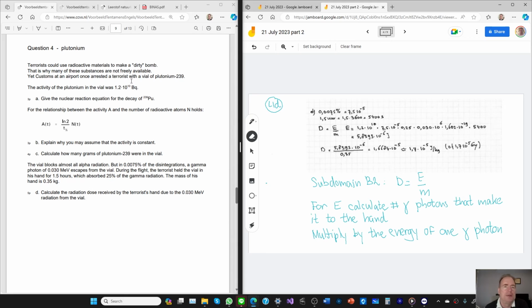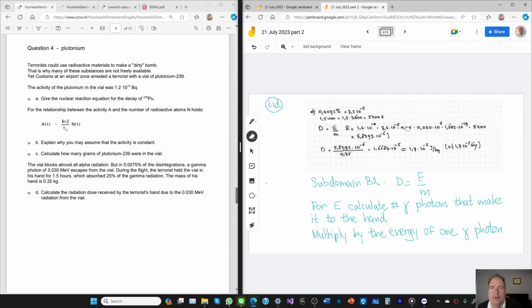Well, we know how many decays per second. It's 1.2 times 10 to the power 10 decays per second. And then we know that this small percentage will actually create a gamma photon. In this percentage of cases, a gamma photon will be created of that energy.